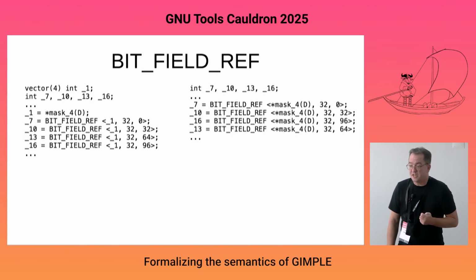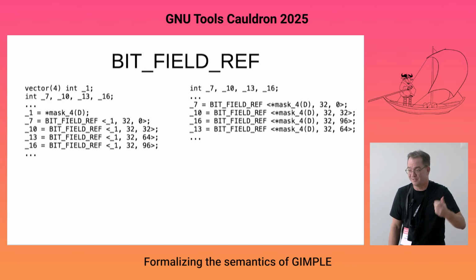But then forward prop changes it to this. Now we have a bit field ref that reads completely out of bounds, which is undefined behavior according to the earlier discussion.